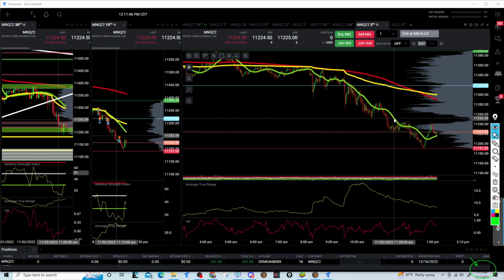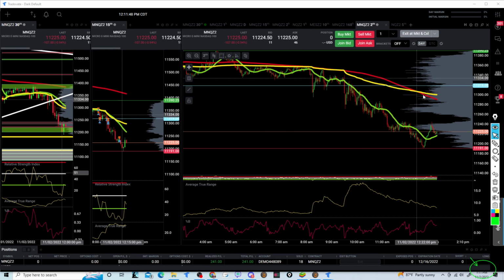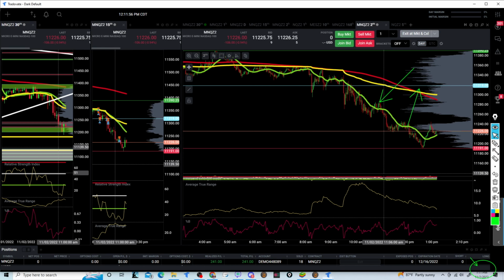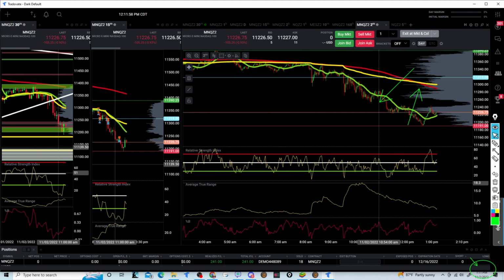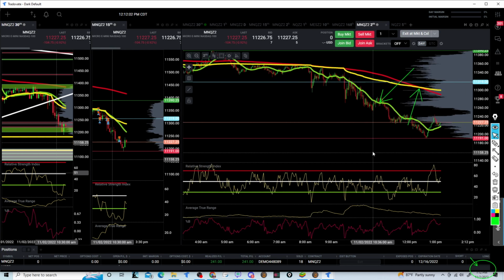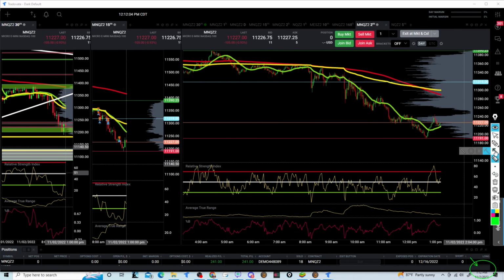Do not overcomplicate the 20 and the 200. If you try and add all these other indicators to it, you're going to set yourself up for failure. Trading, again, is so simple. You don't need anything really on your charts other than the 200 and the 20.